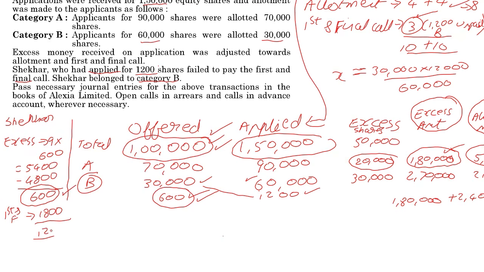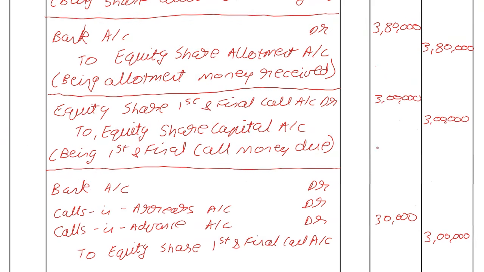So how much has he not paid? 1,200, and that is what we will put in the calls in arrears. And now we can work backwards for bank. 3 lakhs minus 30,000 is 2 lakh 70,000, minus 1,000 is 2 lakh 69,000, minus 200 will be 2 lakh 68,800. Please do the math yourself.